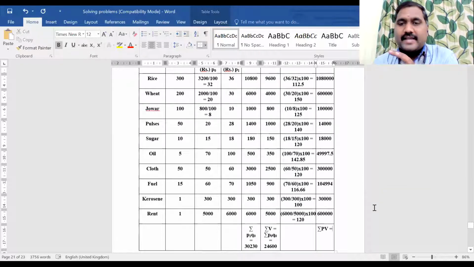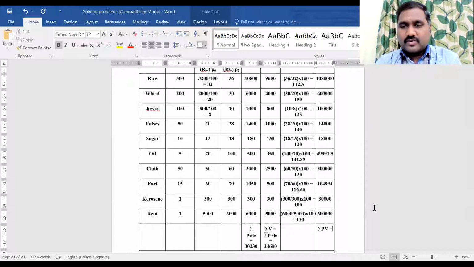First one is 10,80,000. So put 10, 8, and then put 0 four times. Second value is 6 lakh. Third value is 1 lakh. So 6 plus 1, 7 lakh. 17 lakh 80,000. 17 lakh 94,000.